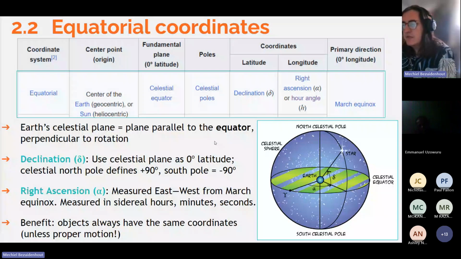The benefit of using these coordinates is that objects always have the same coordinates unless they have some proper motion, meaning some inherent motion, so they're actually moving with respect to the Earth. So these are typically the coordinates that we use to report the positions of individual objects in the sky.